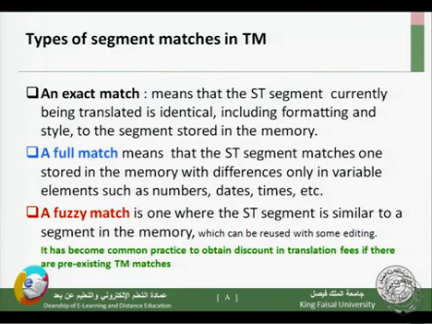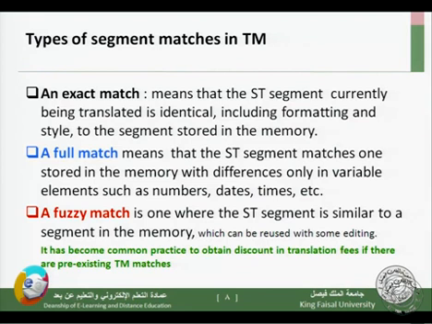And then this English ST segment, a sentence, is identical, exactly the same as the segment stored in the translation memory program, including formatting and style. Form and content, exactly the same. This is what we mean by an exact match.